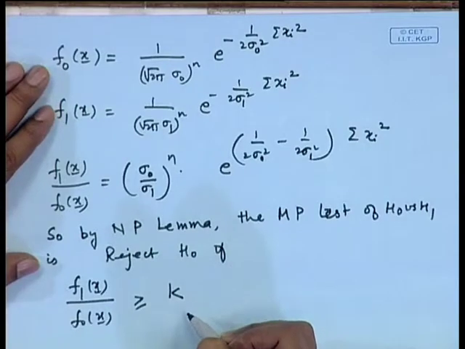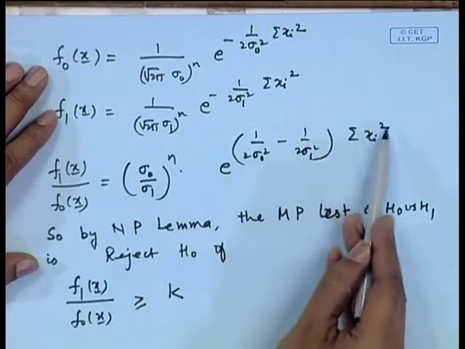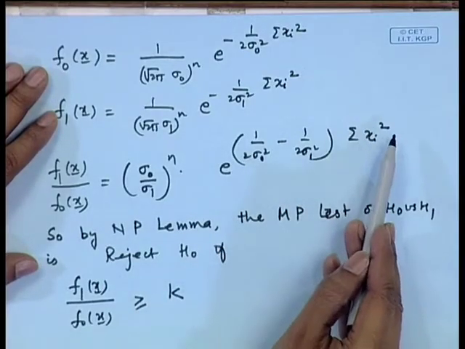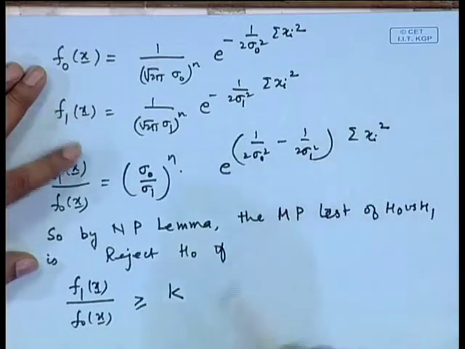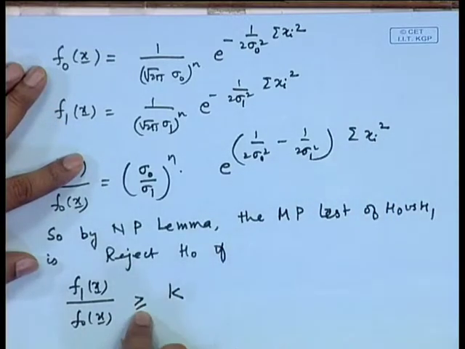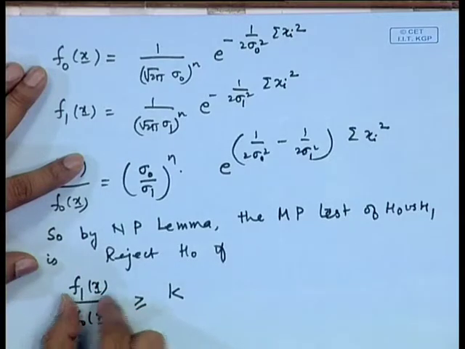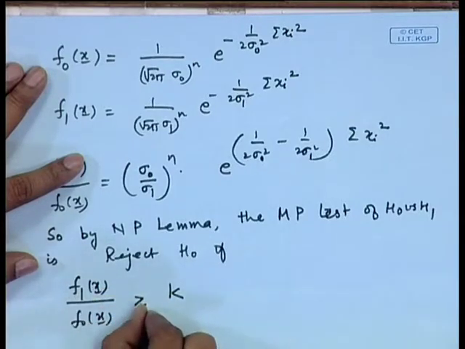Once again we notice that this distribution of x is a continuous distribution. The distribution of the variables involved here, for example sigma x I square, is also continuous. So, without loss of generality we can write greater than or equal to, because the probability of f 1 by f naught being equal to k is 0. So, this equality can be included here.